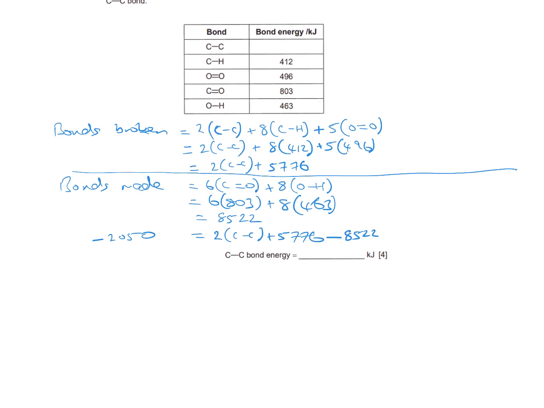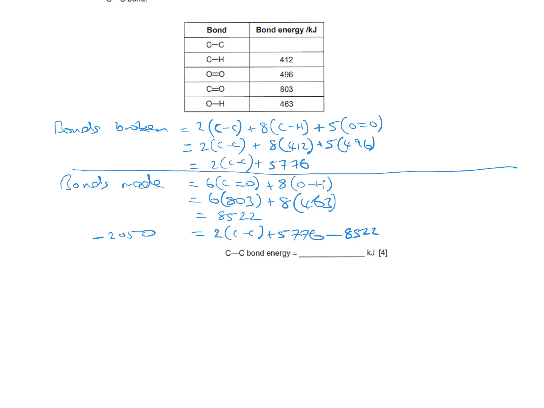Now we rearrange the equation. So just move this up a bit. We're going to have to go underneath. Here we don't have enough room. So 2 carbon-carbon bonds equals minus 2050. I'm just moving these across.